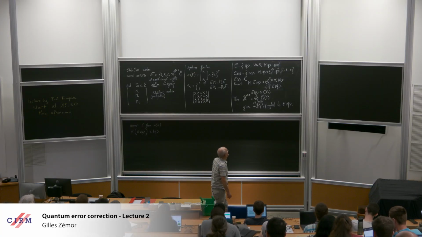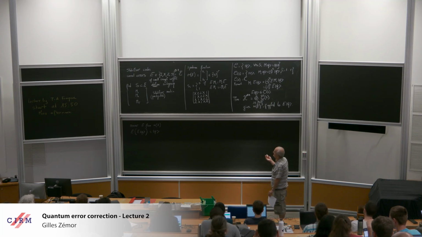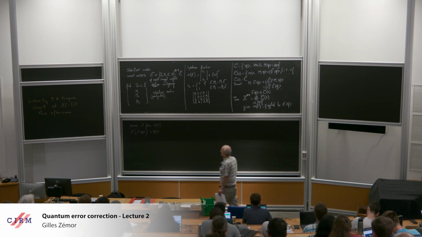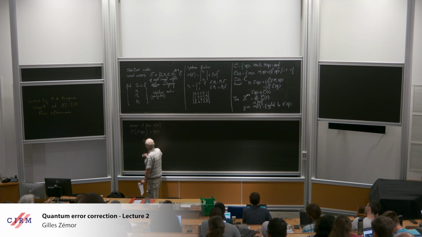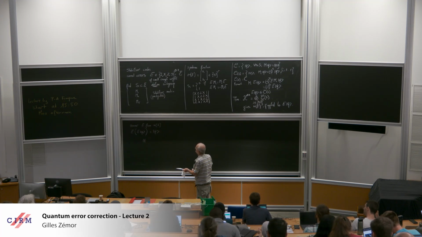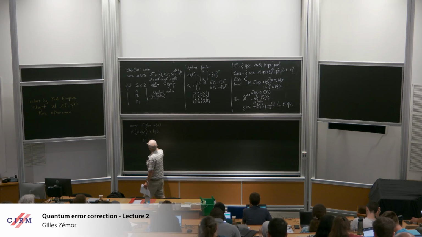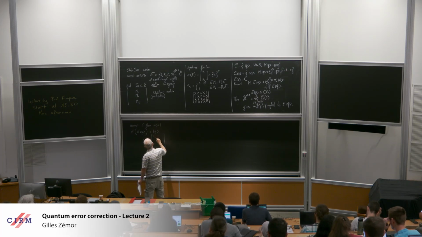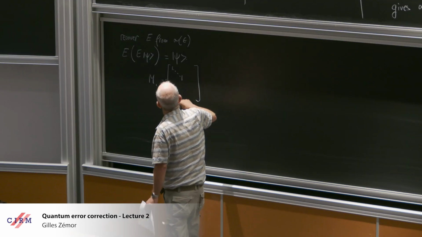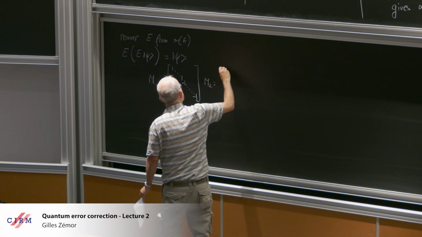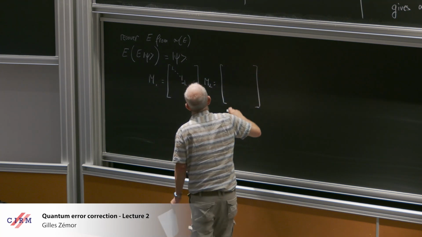all these eigenspaces. And now, why is it absolutely fundamental that we have commuting operators M_i? Because it means that they can be diagonalized in the very same basis. So in the right basis, M_1 will look something like this if you want. It will be diagonal with a bunch of 1s, a bunch of minus 1s, and M_2 will look something like this.